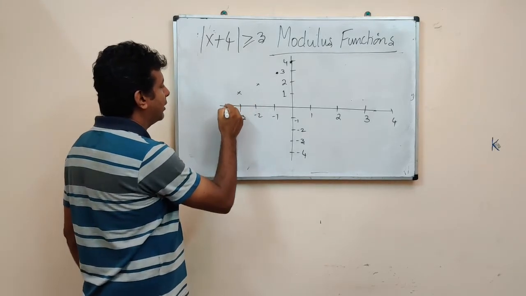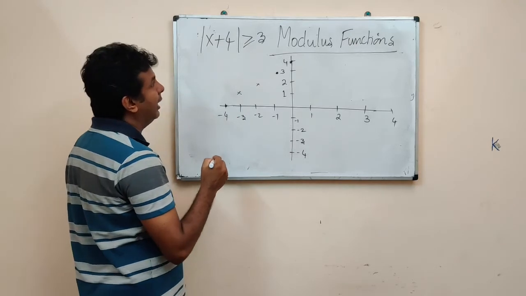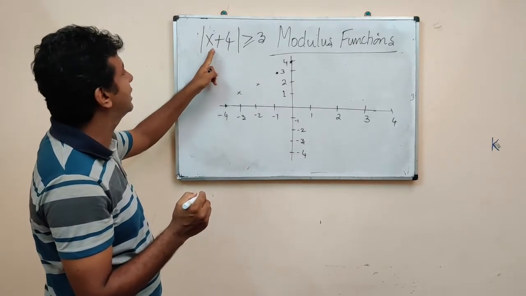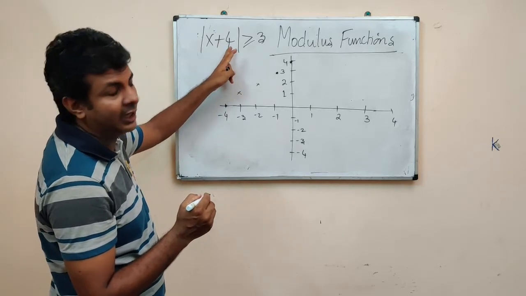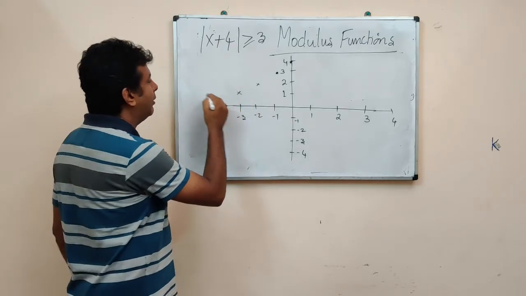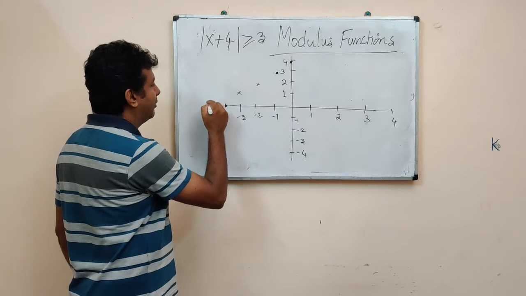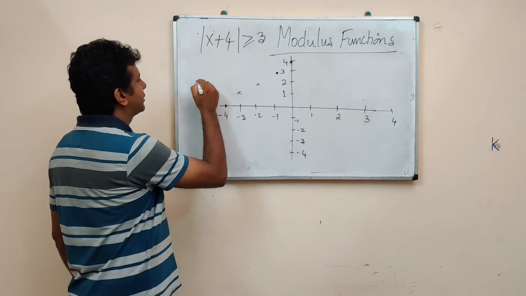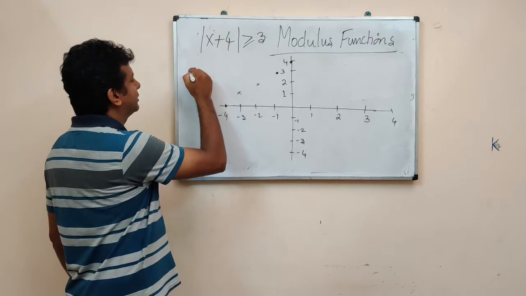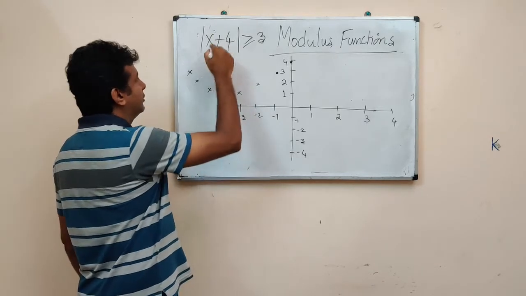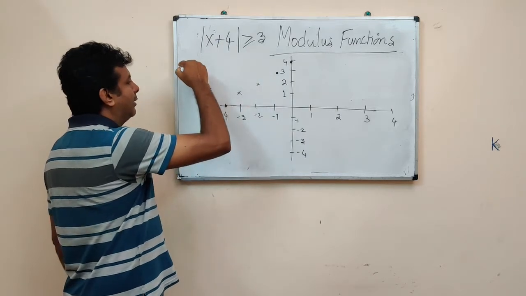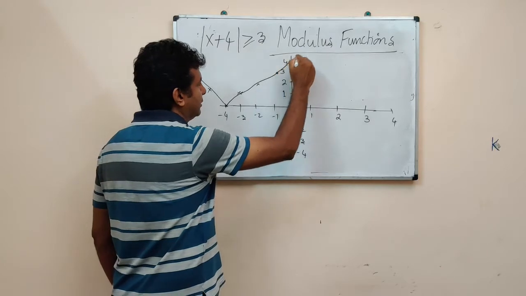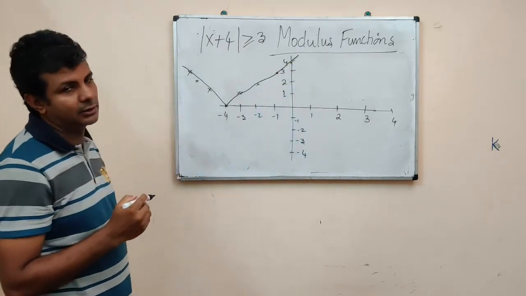And minus 4, it becomes 0. Further, minus 5 means minus 5 plus 4, that is minus 1, and the mod value will be 1 again. So minus 5 it is 1, minus 6 it is 2, minus 7 it is 3, and so on. So mod of x plus 4 will be a V function like this.